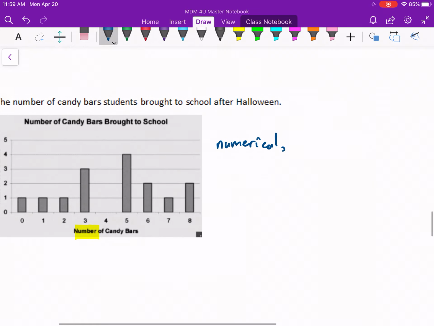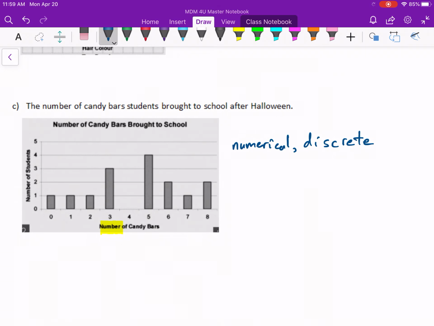However, this time it's discrete. You can have 1 candy bar, or 2, or 3, etc. And what do I want to say about this one? Well, maybe I'll just say that for some reason, no students brought exactly 4 candy bars to the school after Halloween.